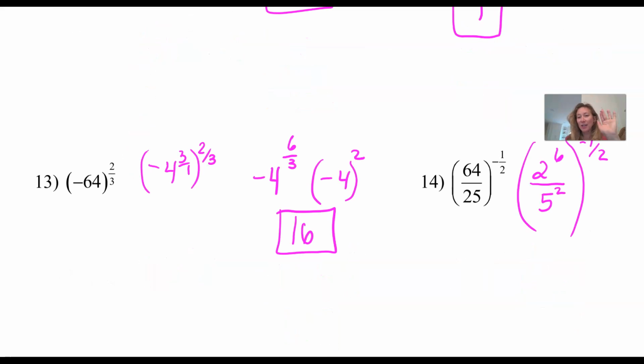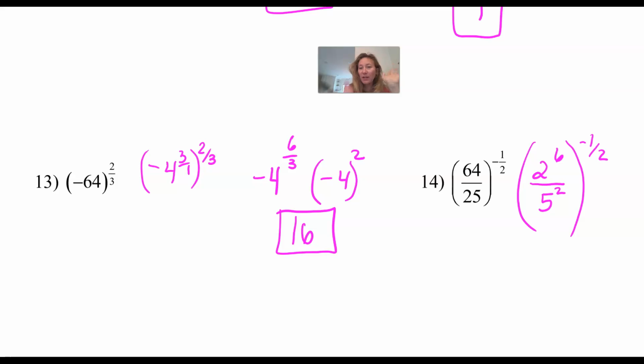These are fun. Okay, what about this? This one is kind of tricky. Remember, we've got that negative exponent. So we want to start by getting rid of the negative by changing this to the reciprocal. So 5 squared over 2 to the 6th power. Now just the 1/2.